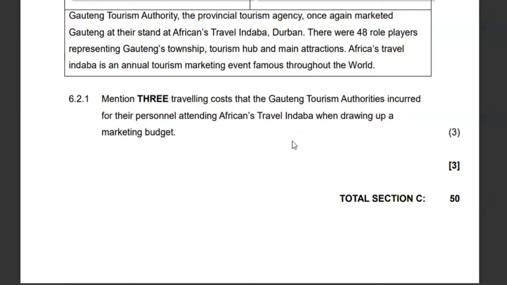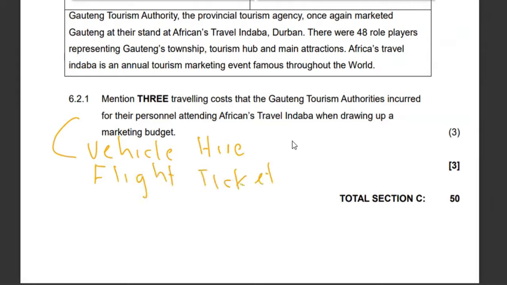So they might have hired a vehicle. So vehicle hire, then flight tickets, petrol costs.